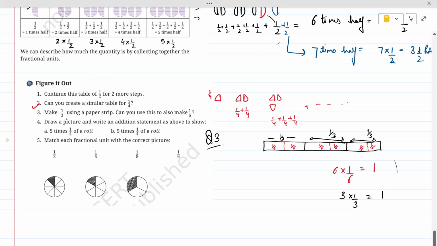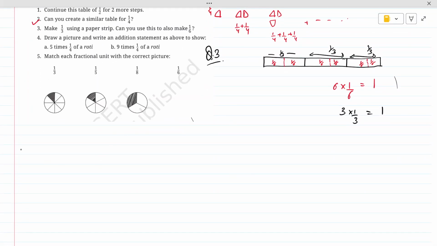Next we have: draw a picture and write an addition statement as above to show 5 times 1 by 4 of a roti. So kids, I am doing the first one for you and second is homework.